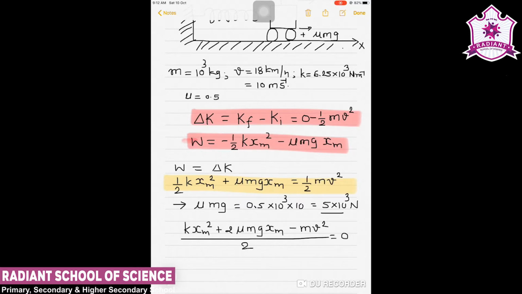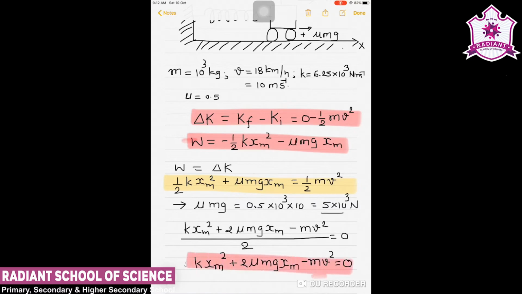Taking LCM and simplifying, the ultimate answer is k xm square plus 2 mu m g xm minus m v square equals 0. That is the equation that we have obtained here.